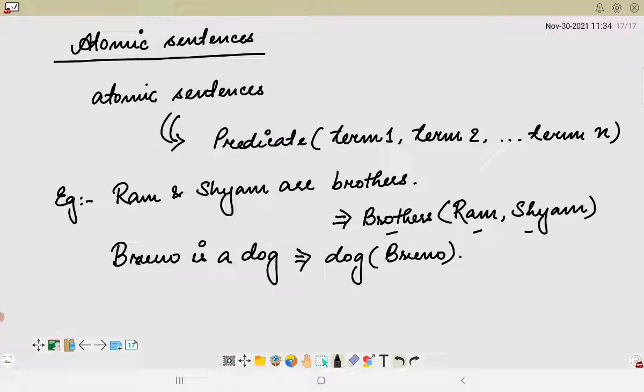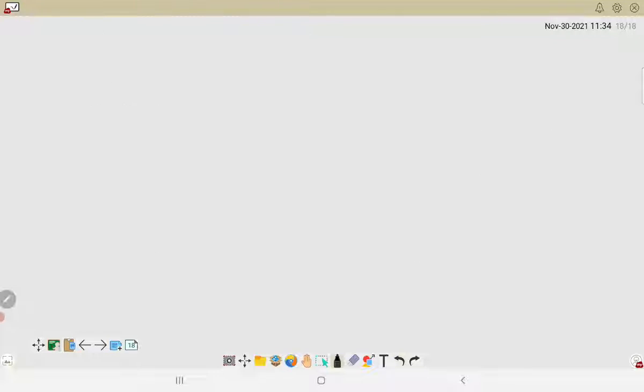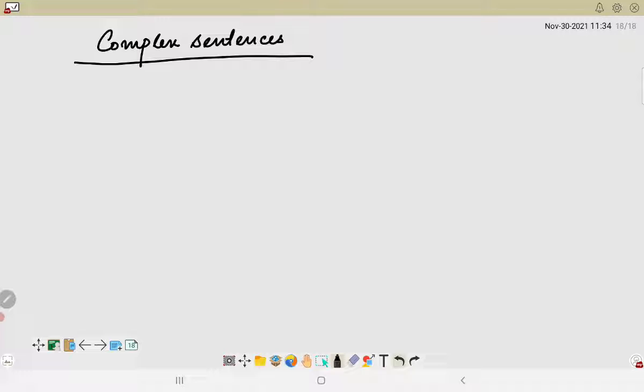Okay. Now talking about the next important parameter, which is complex sentences. So we saw how we can represent atomic sentences. Now we will see how we can represent complex sentences. Complex sentences are made up of combining atomic sentences by using connectives.